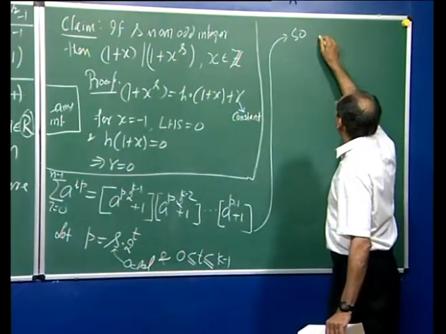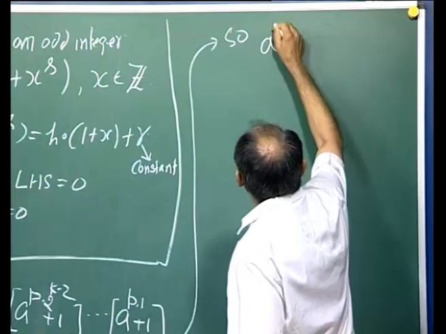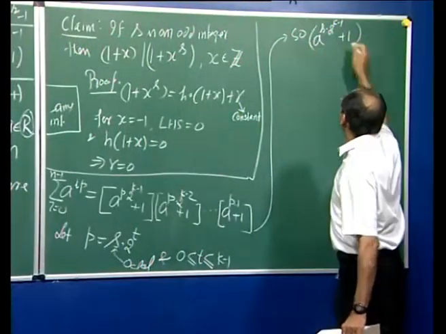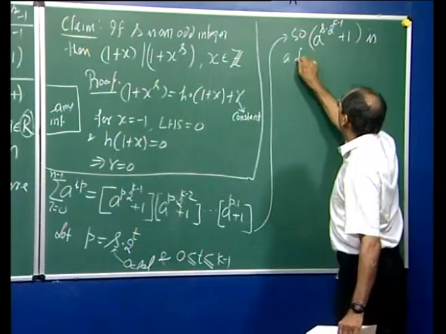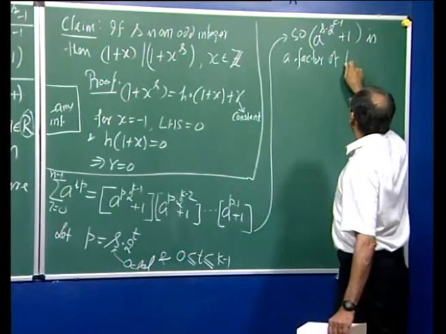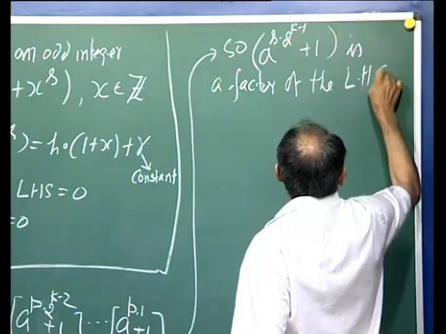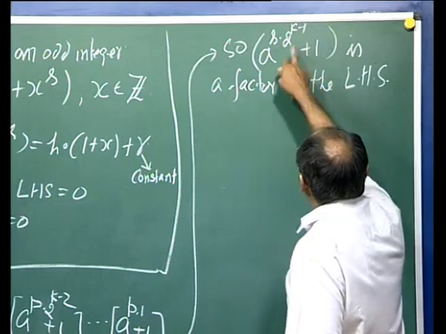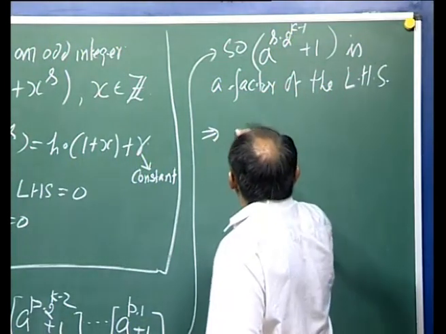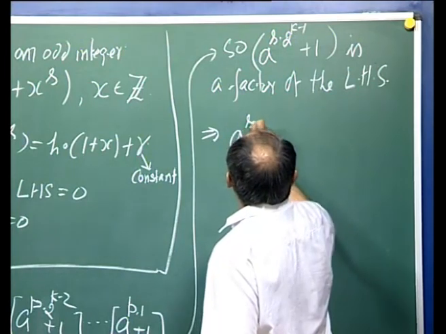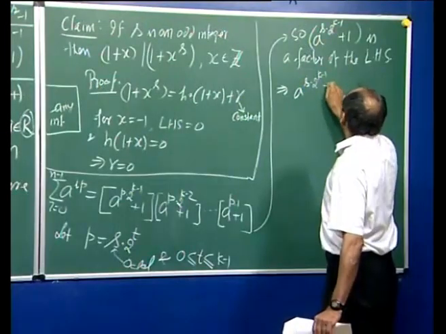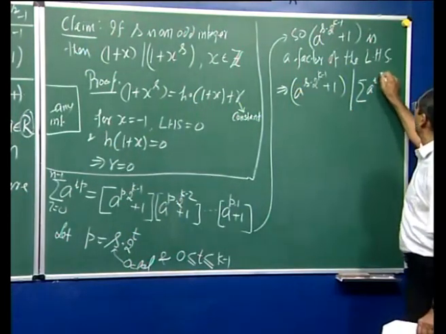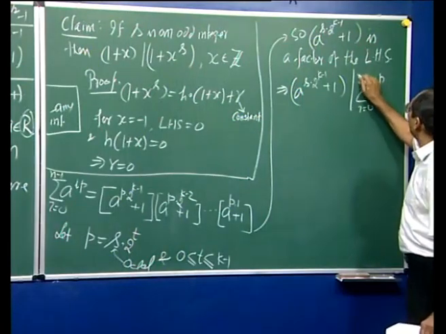So, we will have a^(s·2^(k-1)) plus 1 as a factor of the left hand side. That means a^(s·2^(k-1)) plus 1 divides this sum from 0 to n minus 1.